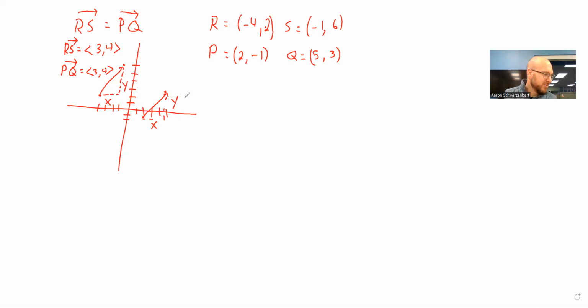So we can talk about finding the magnitude of a vector. This is going to be example 2.